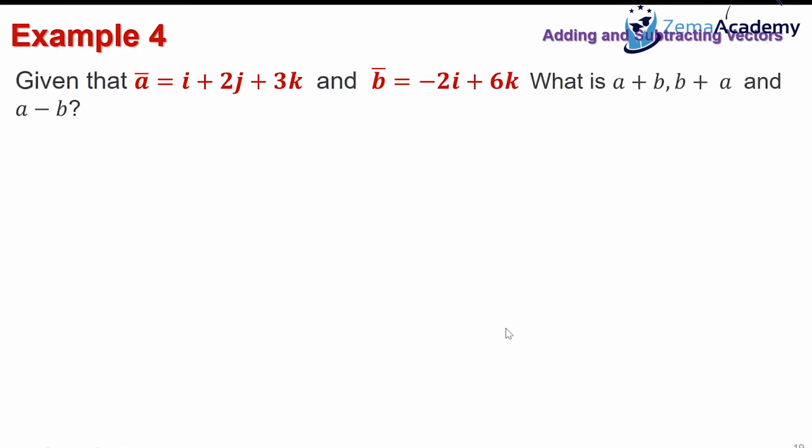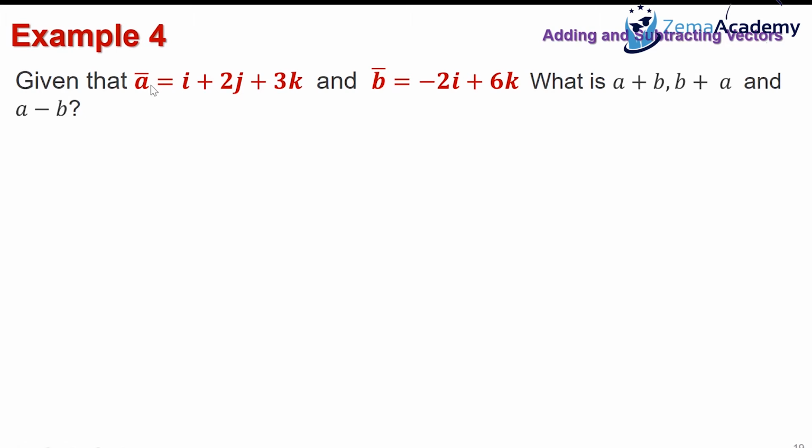So let's come to the first example in which we'll try to put in the information of adding or subtracting a vector. This time, as you can see, I have taken two vectors A and B, and these two vectors have their directional components defined.